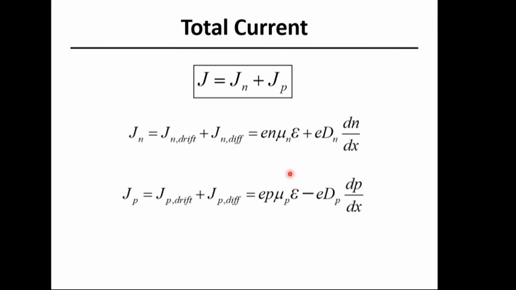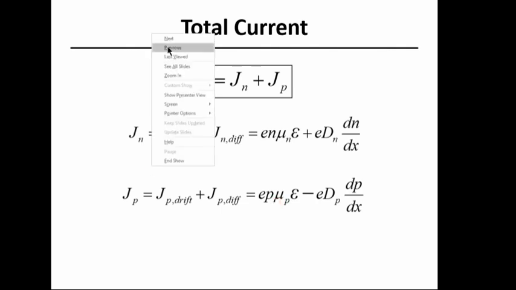We will have a relation which relates the mobility of the electron with the diffusion of the electron to kBT over E. And the same thing for holes. It will be the same relationship. So in that case, we will reach an equation which relates Dn mu n to Dp mu p if we're talking about the same system.